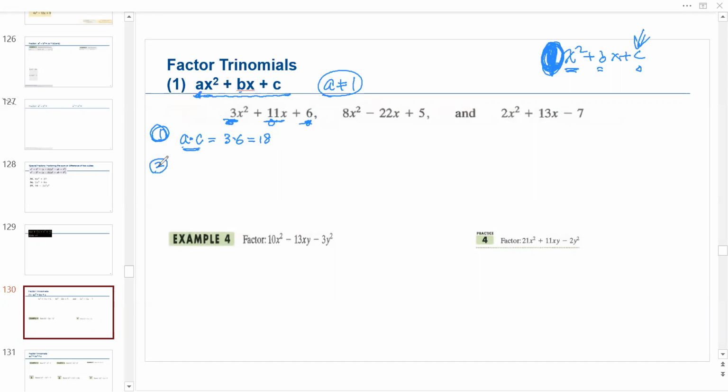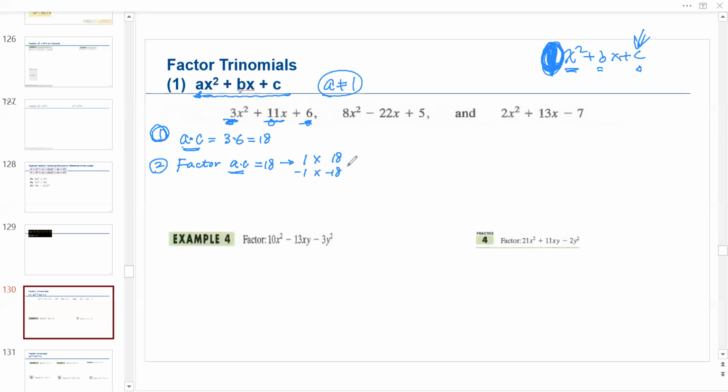Second, do the same as before. Factor this number. Factor 18 into what? 18 can be factored into 1 times 18, -1 times -18.